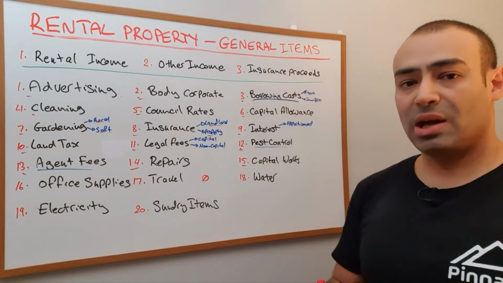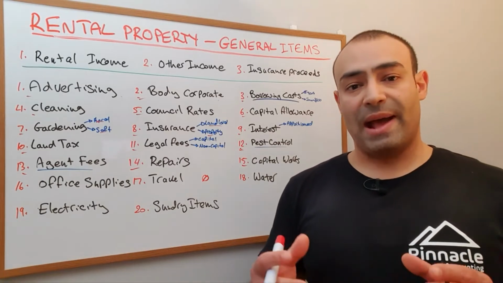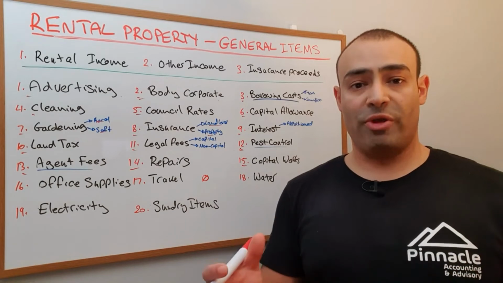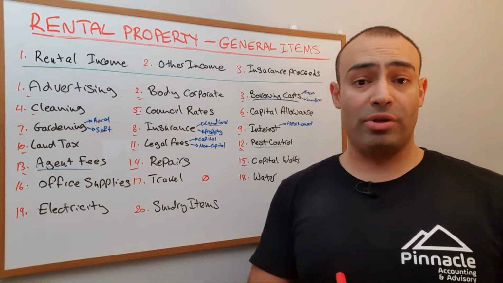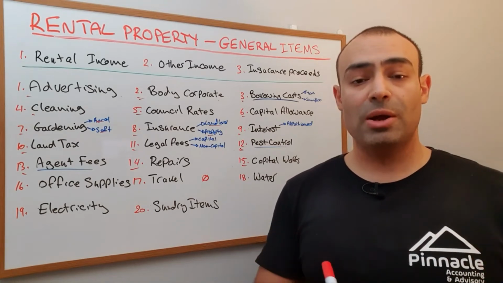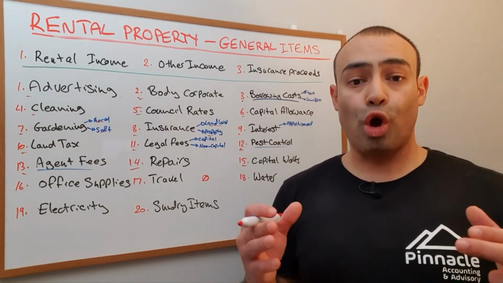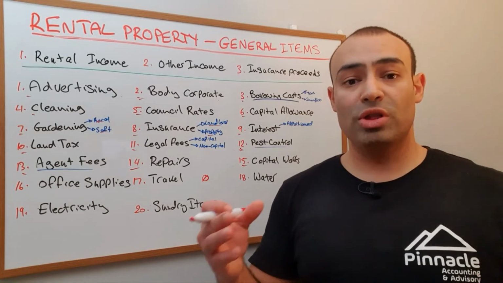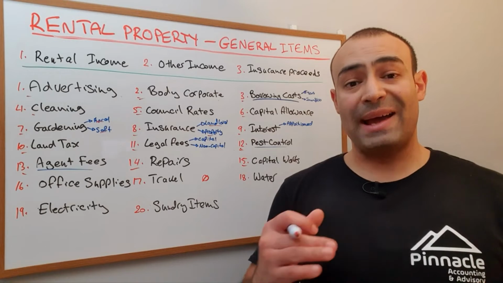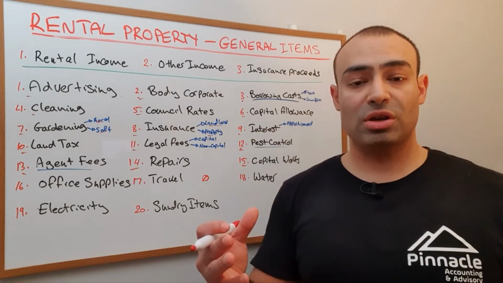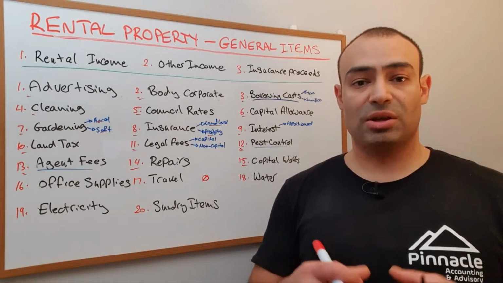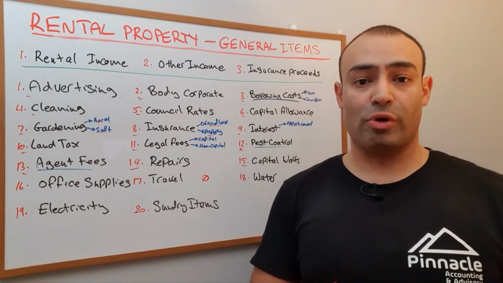Number 15 is capital works, and that is the depreciation on the building component of the property. Not a lot of people know this, but capital works, the depreciation and the deduction is related to the cost attributed to the building. Now, we all know that builders add a margin to the cost of the building, the bricks, the mortar, the timber, so on and so forth.